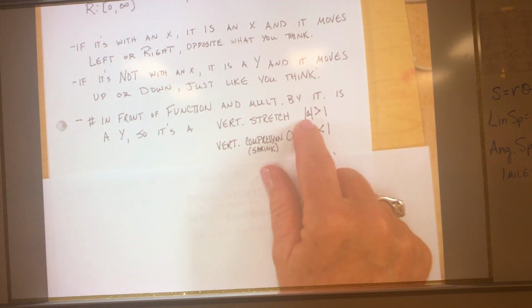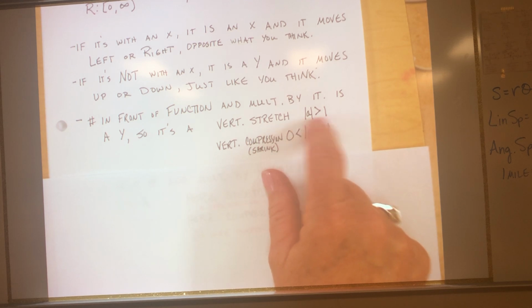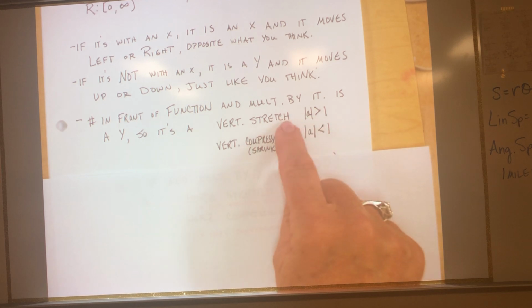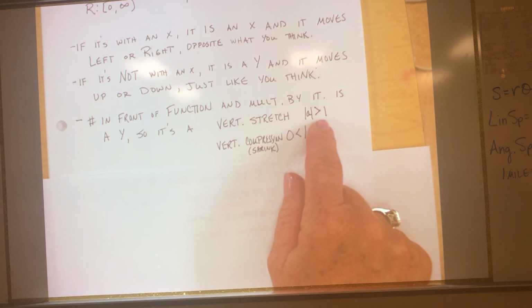I don't want to talk about the sign of the number, so I just took its absolute value. If A is greater than one, like if it's 2 or 3 or 4/3, which is 1 1/3, then that's going to be a vertical stretch. You could think about it like if you were two times as tall as you are now, that would be a vertical stretch.